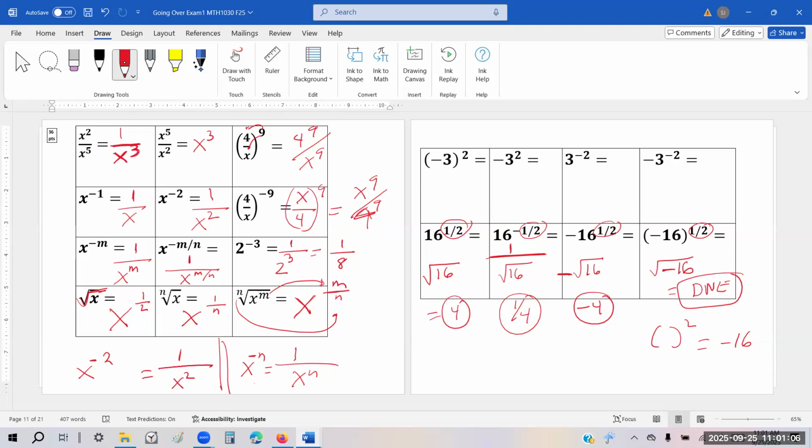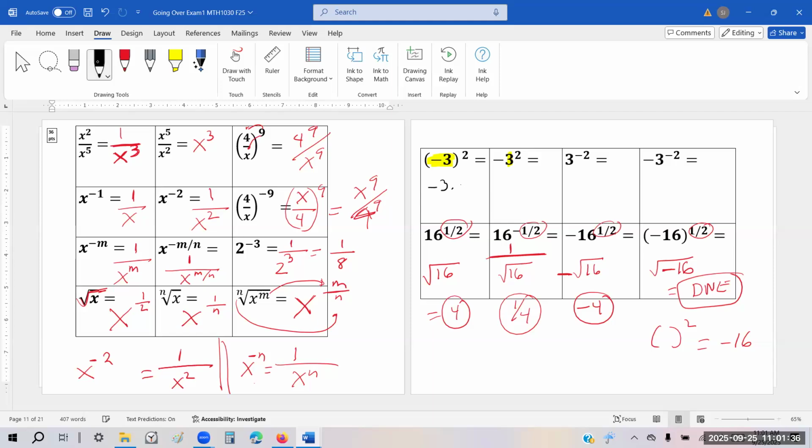Okay, so these are radical. Anytime you see 1/2 power, try to use square root. The next one is easy: -3 inside the parentheses versus -3 outside the parentheses. If you have it inside the parentheses, what is your base, 3 or -3? -3.